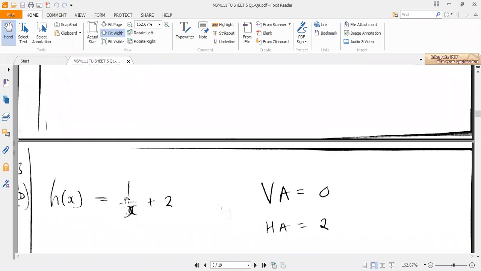So you know that here it's 0, isn't it? Now, what is 0 plus 2? It's 2. This is why we're getting this line here, the horizontal asymptote, which will take place at 2. Because here we have added the 2. So we can't ignore this 2. We have to use it. So when there's a 0, it says 0 plus 2, we get the horizontal asymptote to be 2 here.